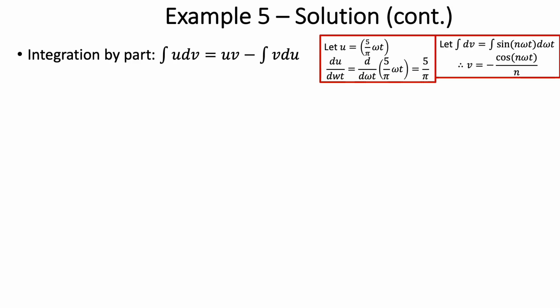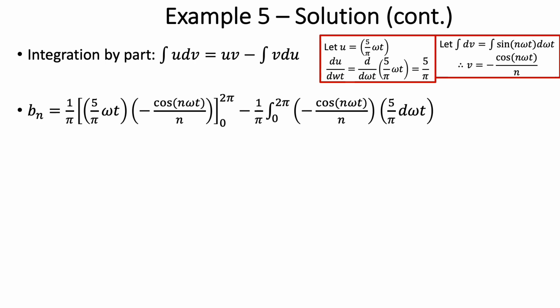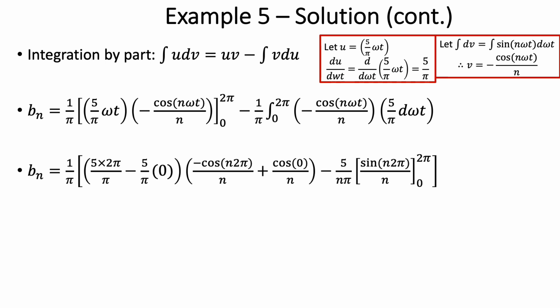Let us proceed with the integration by parts to calculate Bn. And we have Bn equals 1 over π times 5 over π ωt times minus cos nωt over n for 0 to 2π minus 1 over π integral of 0 to 2π minus cos nωt over n times 5 over π dωt.